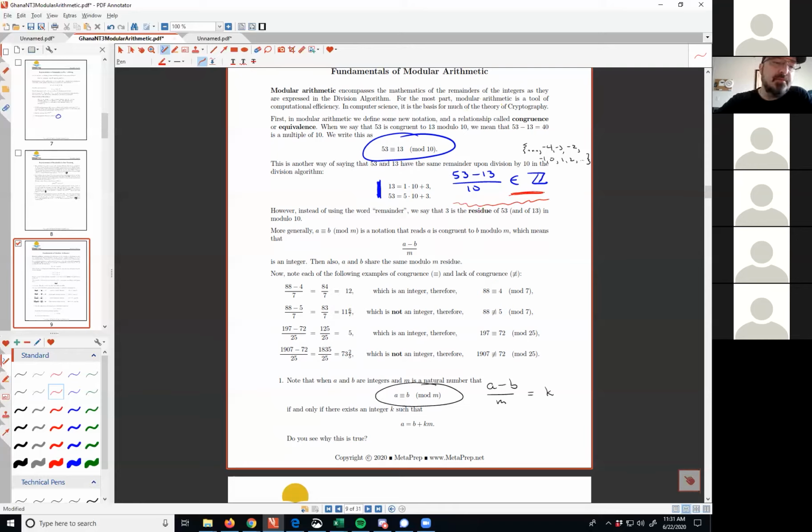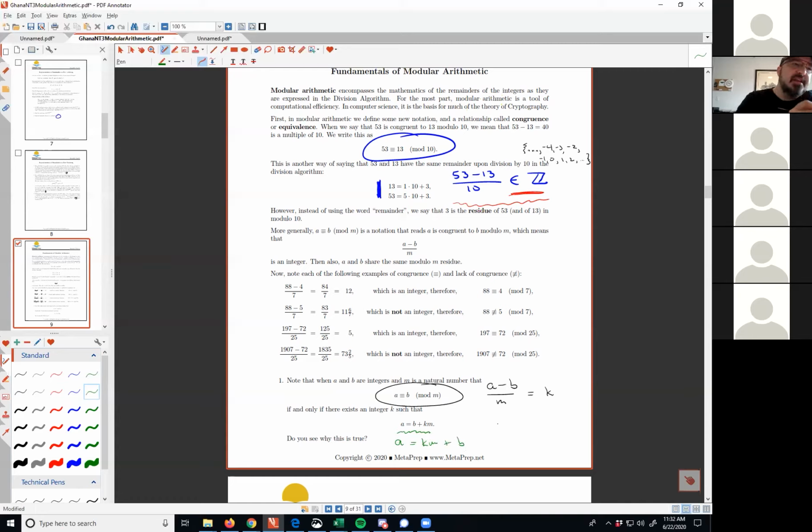Now I can multiply both sides by M, and I have something that looks a whole lot like the division theorem identity that we learned about. In fact, I could rearrange this and say that A is equal to a multiple of M plus a remainder.